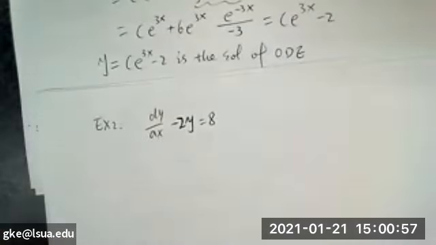Solve this guy. So follow the steps. We have 3 steps. The first step, you need to find the px and fx. The second step, do the integral of px, and then plug in the formula, right? Follow these three steps.